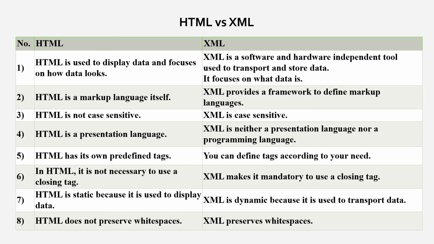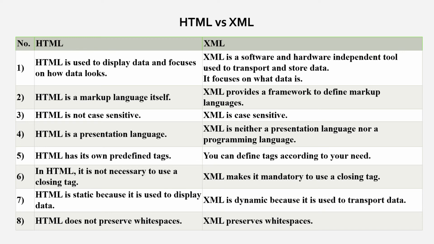Now we are going to see the differences between HTML and XML. HTML is used to display data and focuses on how data looks. XML is used to transport and store data.